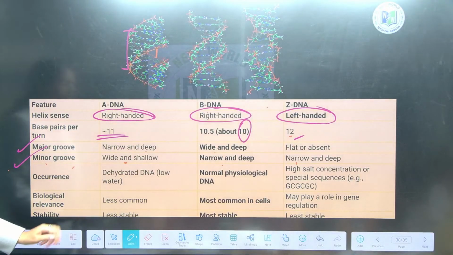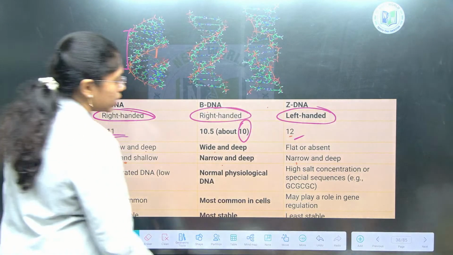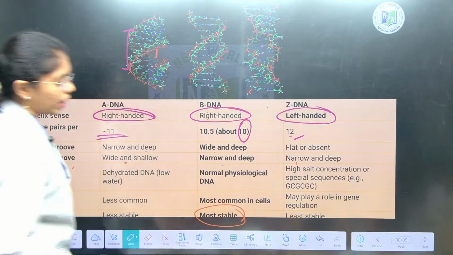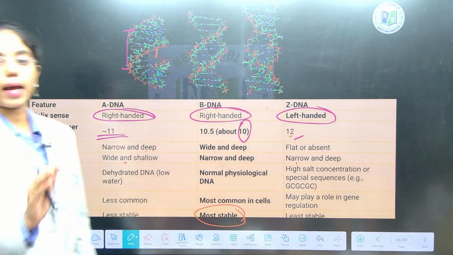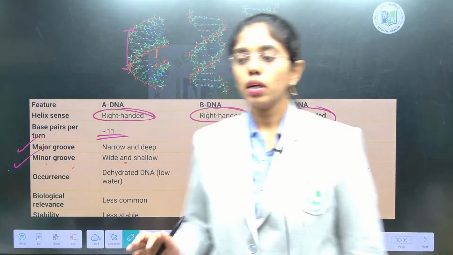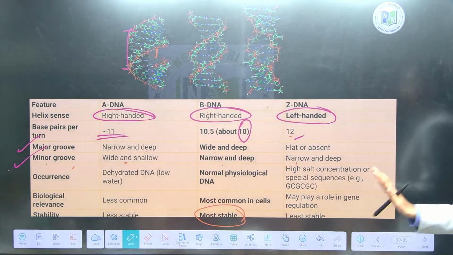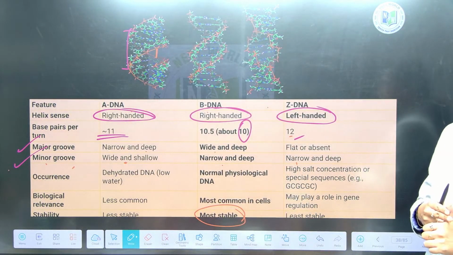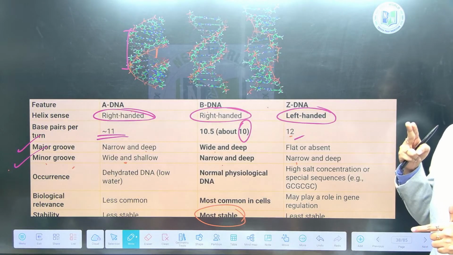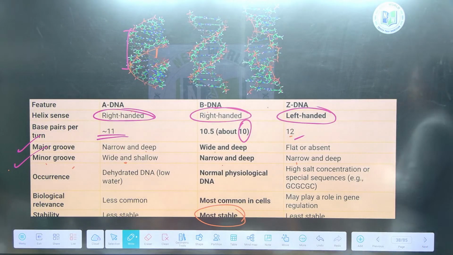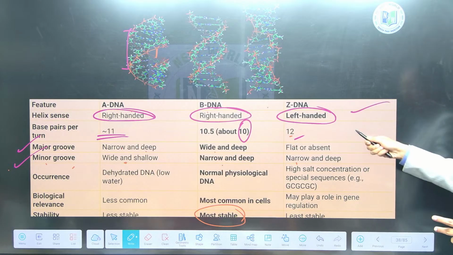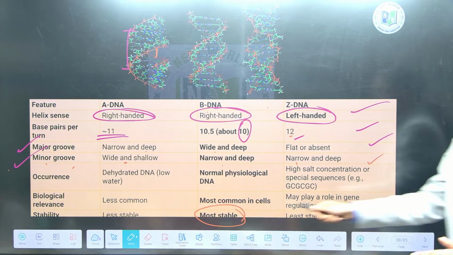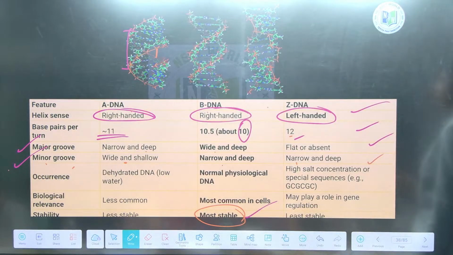And the most stable DNA amongst these three is B type DNA, which occurs in all the types of cells. If you can note these points: how major groove and minor groove are formed, the number of base pairs of A, B and Z DNA, in what fashion they are folded, and which is the most stable DNA.